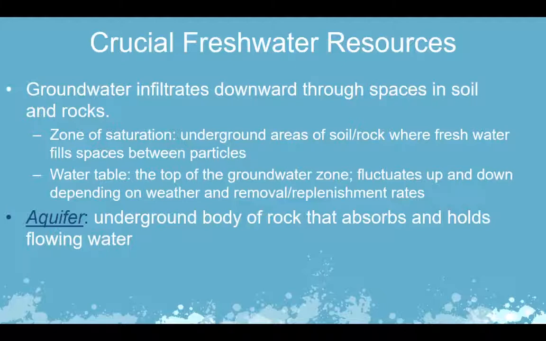This is the top of the groundwater zone, and it fluctuates up and down depending on weather and removal and replenishment rates. And water that is consistently found in a body of rock underground is known as an aquifer, and this holds actual flowing water. So we have surface water and we have groundwater.